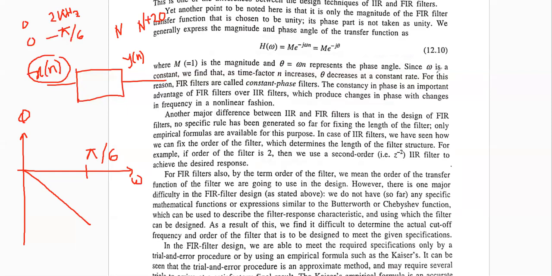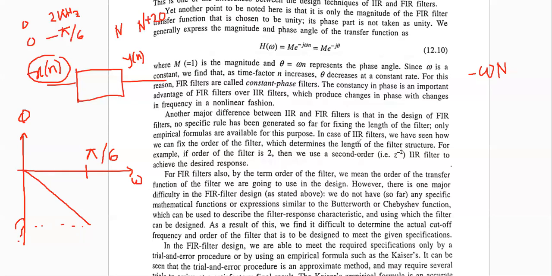Let's say the phase delay is like this, minus omega n. So here the n is a constant, only the minus omega. So when omega is increasing, that is decreasing. With the value of omega, it is decreasing. So at this moment, what would be the value? You know this because this is linear.